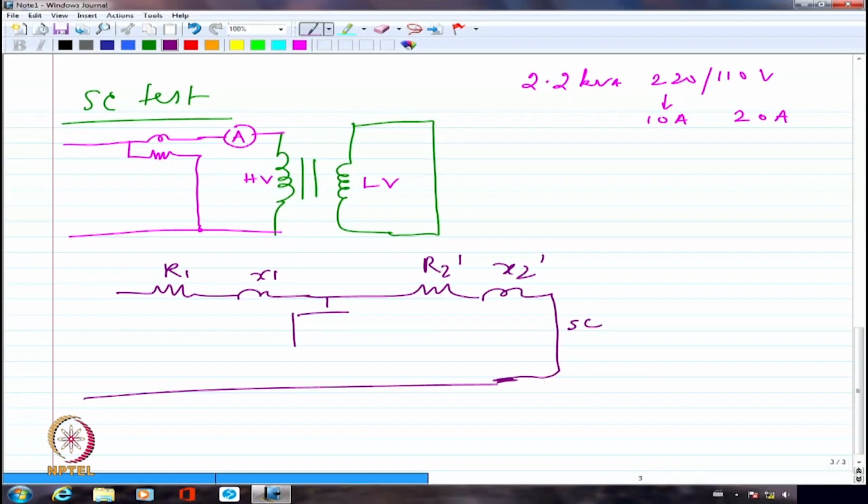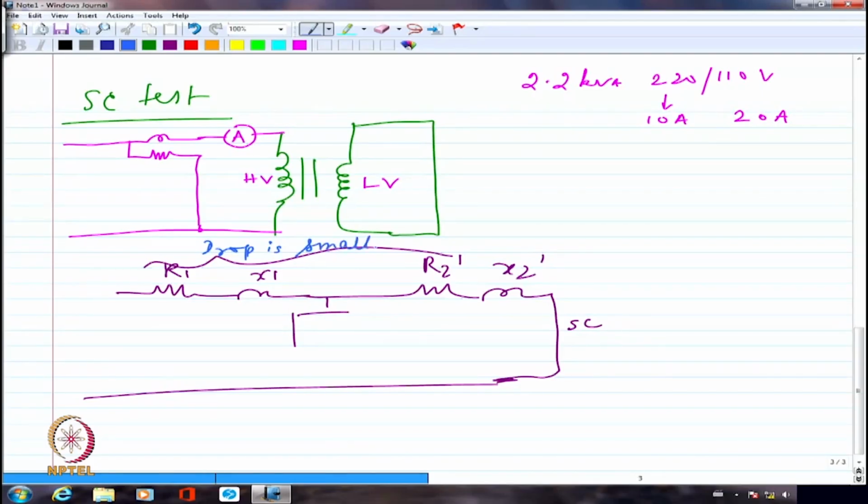So the leakage reactances are also going to be very, very small. So overall, the drop that is taking place here is generally small unless I deliberately design a bad transformer, which is generally not done.